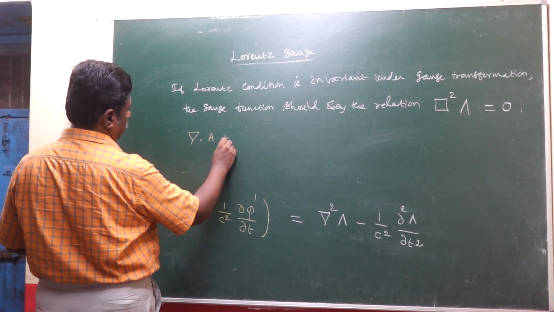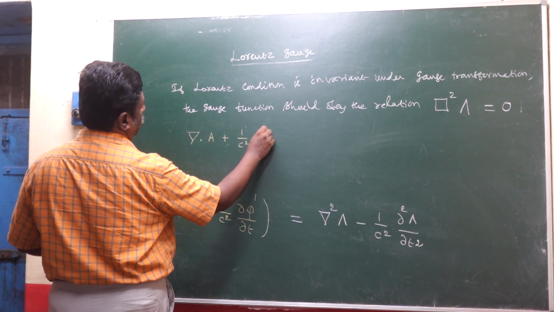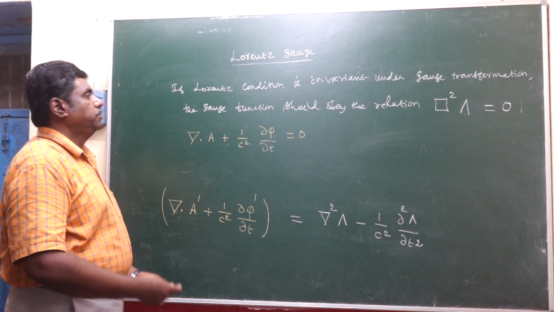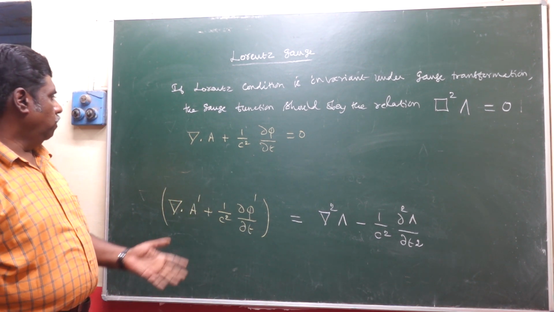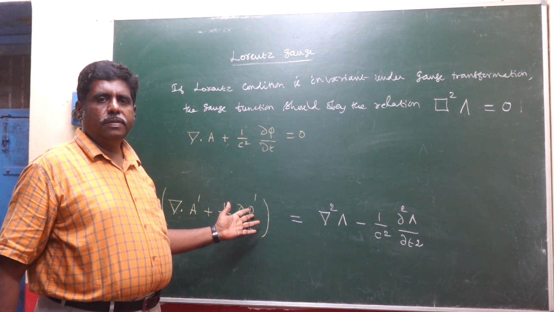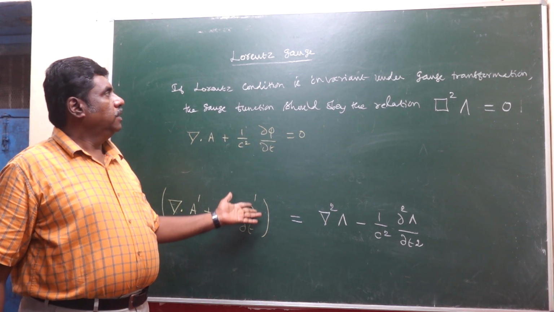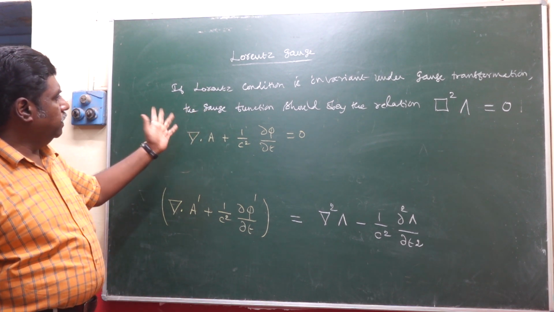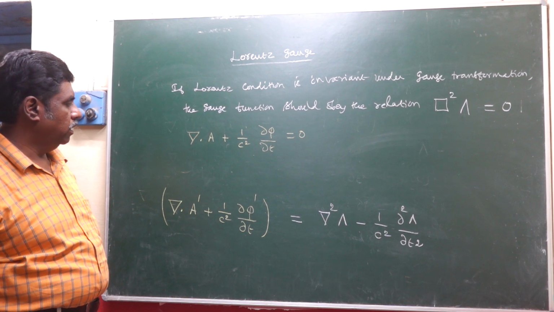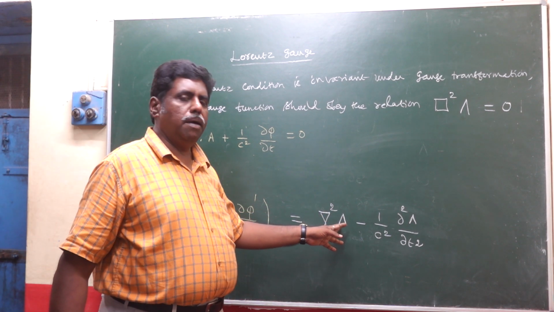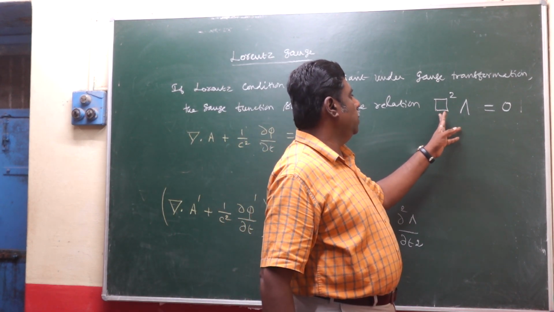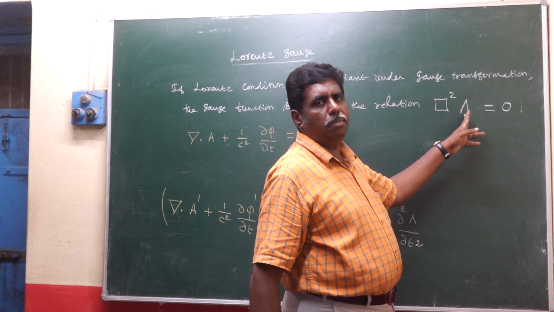What is our Lorentz condition? Del dot A plus 1 by c square dou phi by dou t equal to 0. Now we have transformed A into A dash, phi into phi dash. Even though we transform, there is no change in the Lorentz condition, if the lambda, that means the gauge function, satisfies the condition of D'Alembertian operator on lambda.